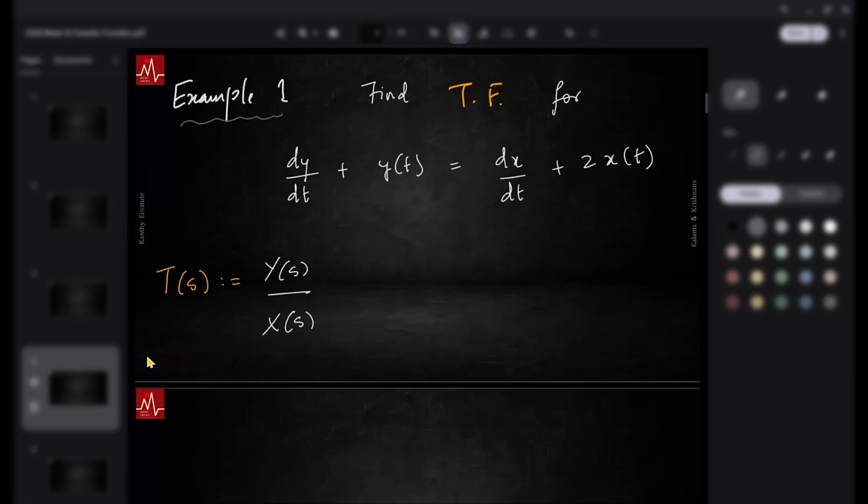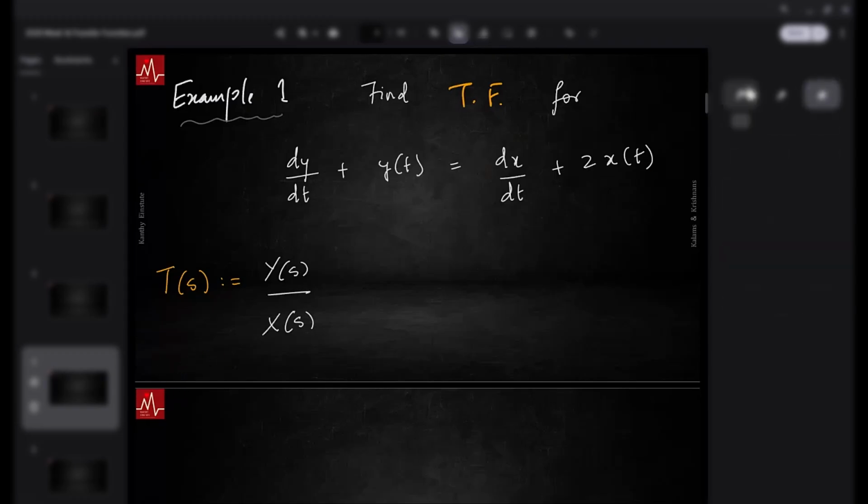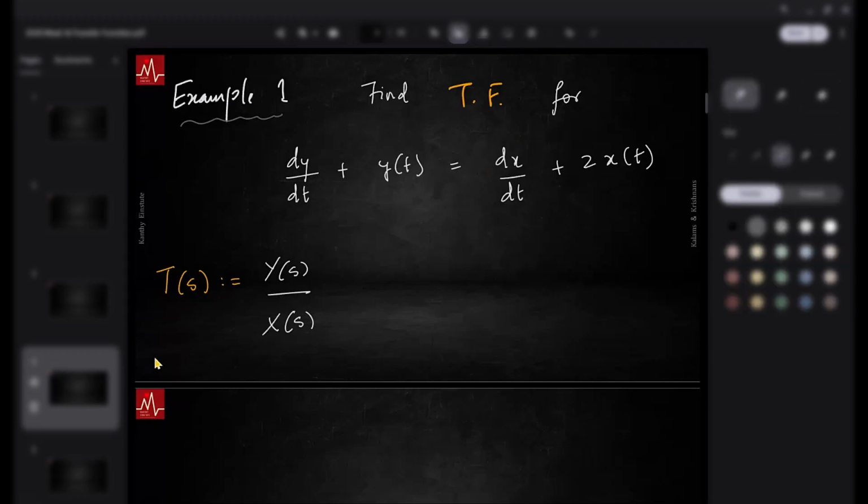In simple words, this is like sensitivity or gain. Sensitivity to input, or gain function. Very colloquial English.